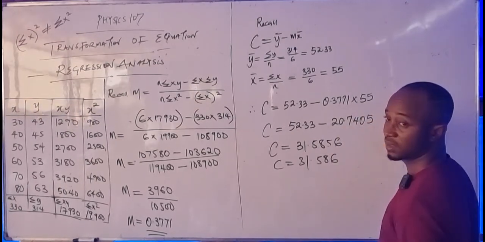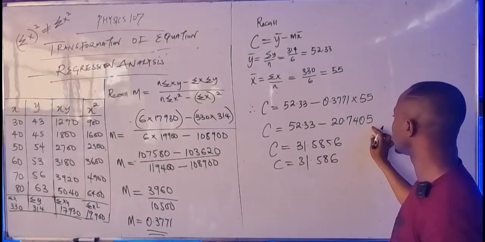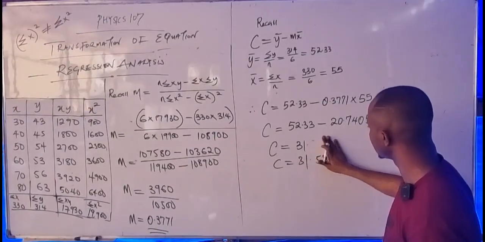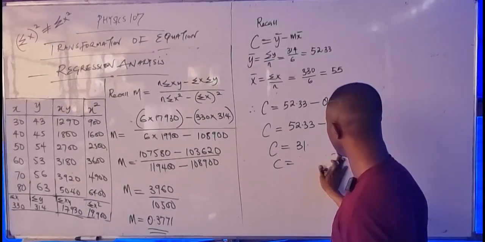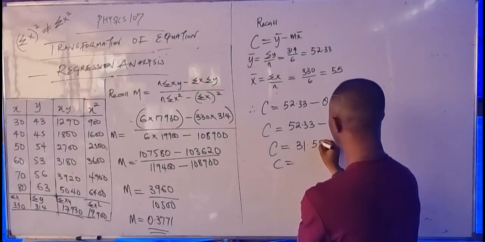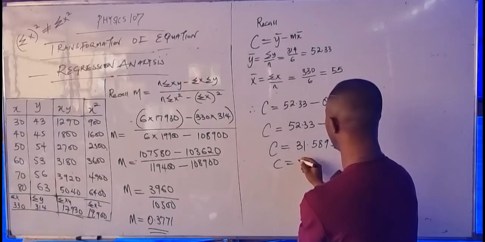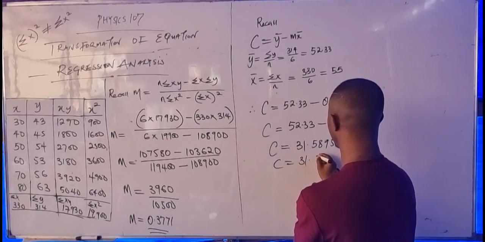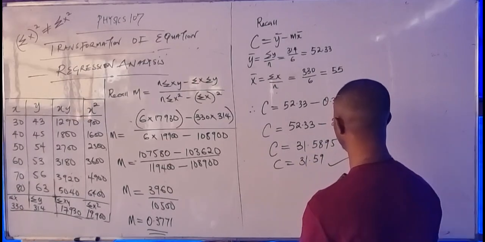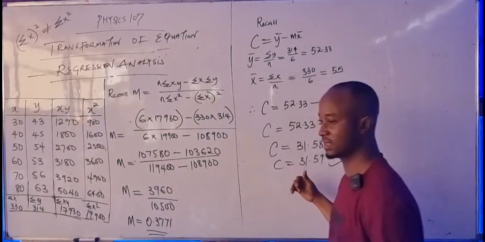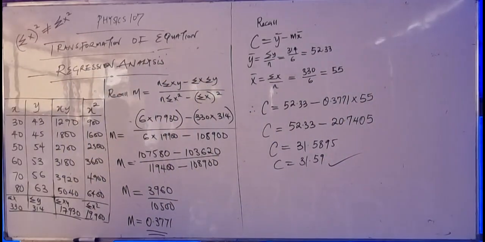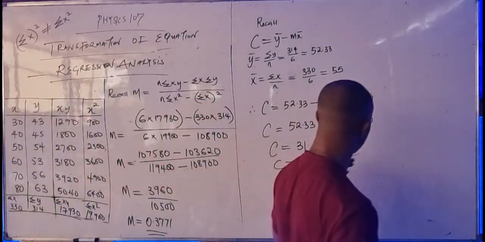That's all. Okay, let's subtract now. 31.5895, which is the same as 31.59. I think it's the same answer, just a little differences. So 31.59 is our value of C.